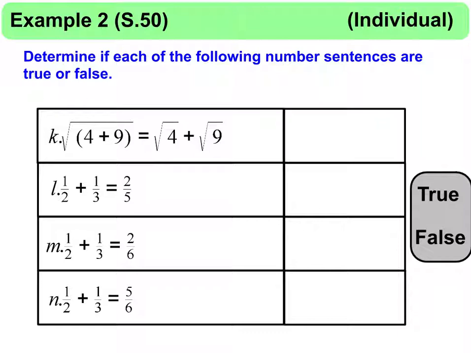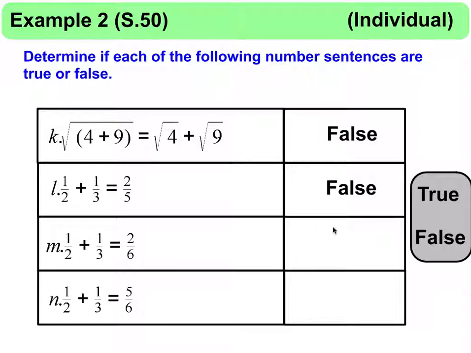Here are 4 more that I encourage you to try by pausing the video, making your predictions first, and then of course again press play and see how well that turned out for you. But in K, that would be false. In letter L, that would also be false.